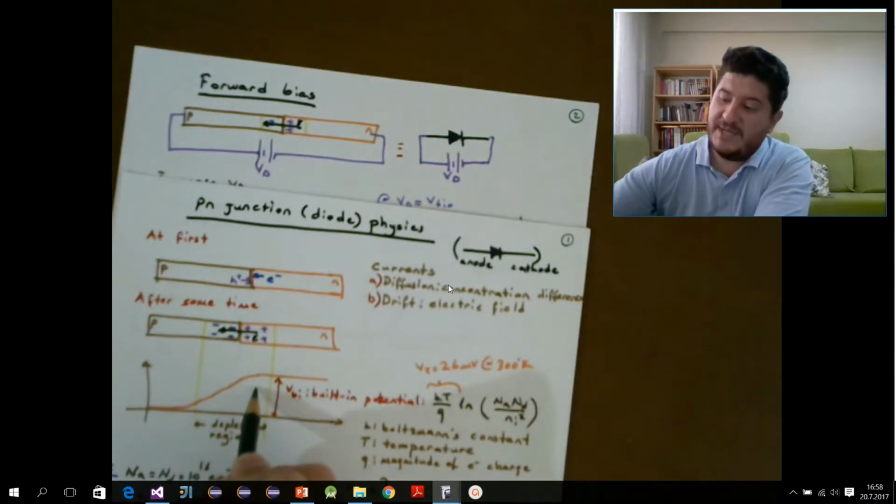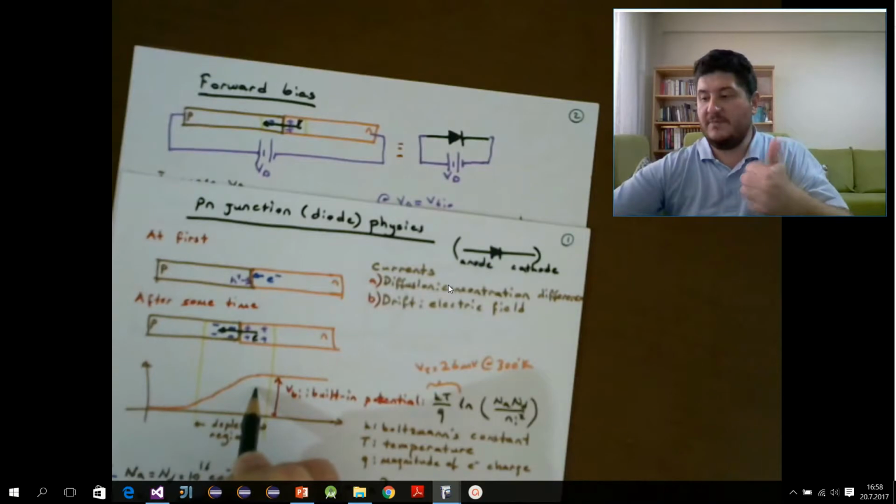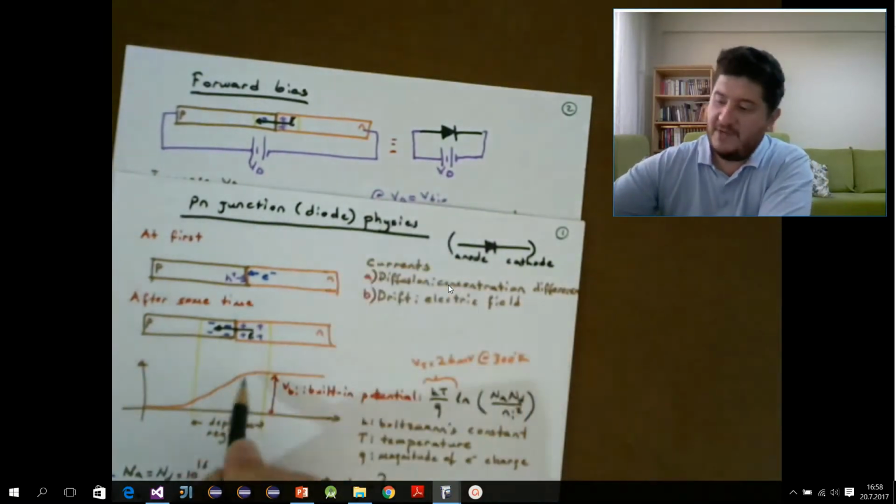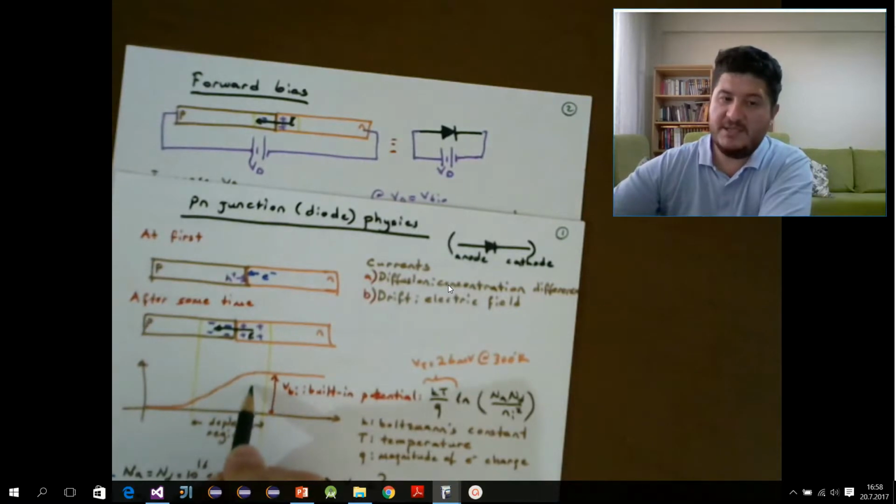If we apply 0.1 volt, for example, VD is 0.1 volt, we will make this barrier 0.1 volt smaller. Increasing VD will decrease this gap, decrease this barrier. At some point, there will be no barrier.